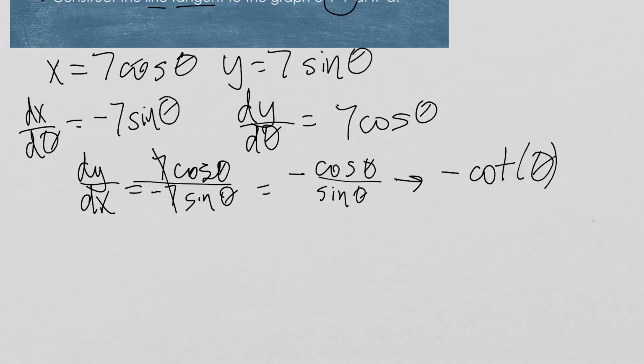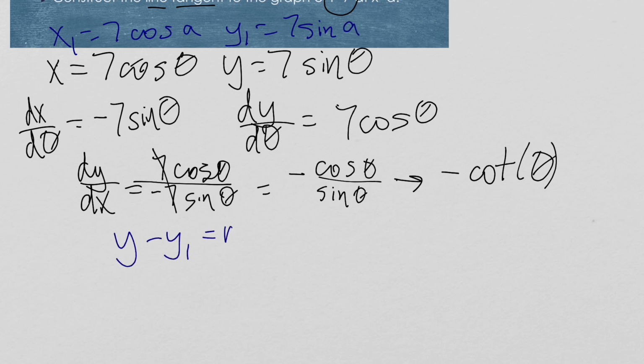Okay, so just like before, where it was x, here we have theta. So we're going to be changing this to my x equation and my y equation with a in it. So this x equation here is going to be 7 cosine a, and this y equation is going to be 7 sine a. And now here's my equation of the tangent line. And we know this is my m.